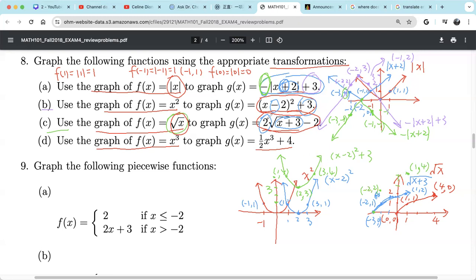This is because of the dilation of 2 times the y value, the function value. Now we have these 3 points, so the graph looks like this. Okay, so the green color is the graph of 2 radical x plus 3.